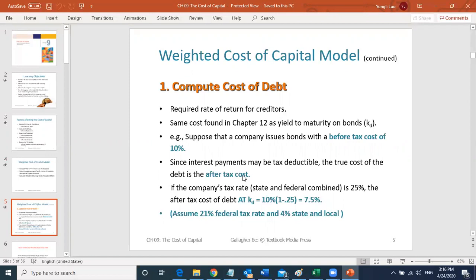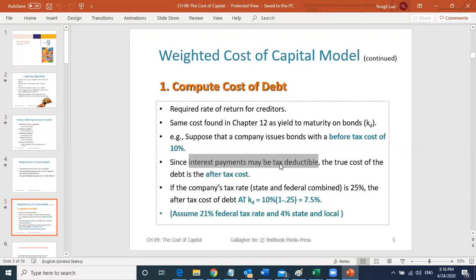Later on, when we talk about the different types of business organization, we'll explain why the interest payment for a company is tax deductible. That means either you pay higher tax, or you borrow money and pay interest.